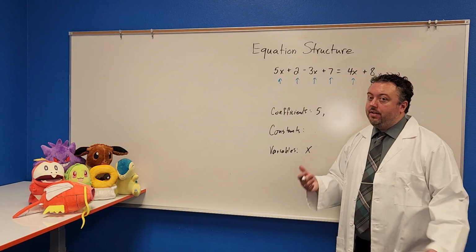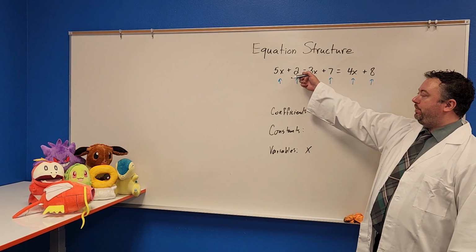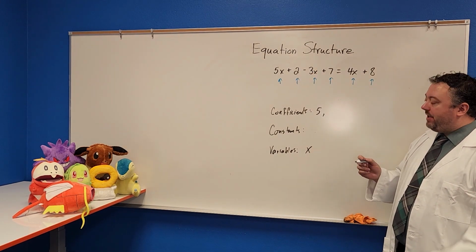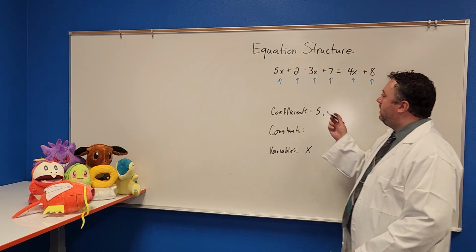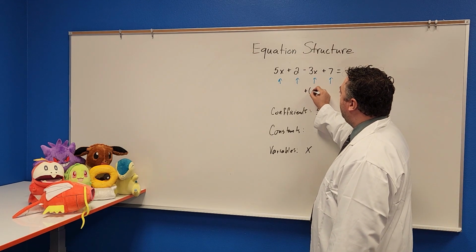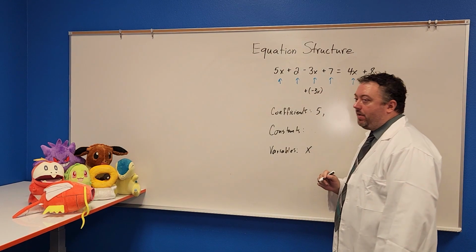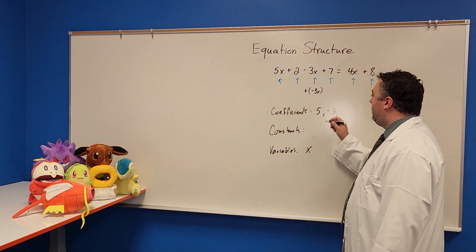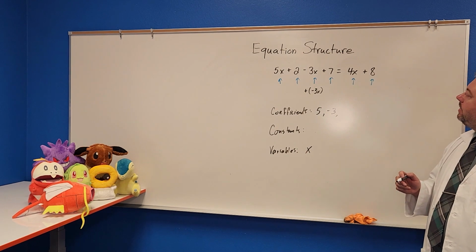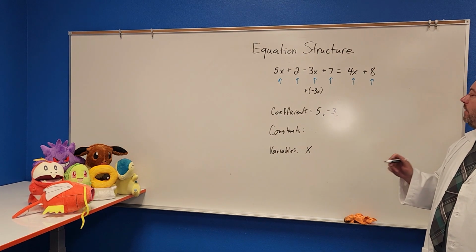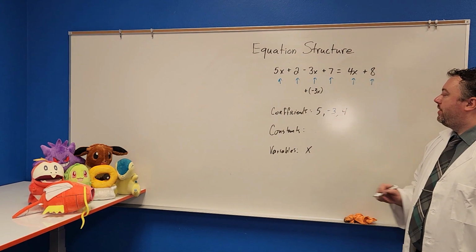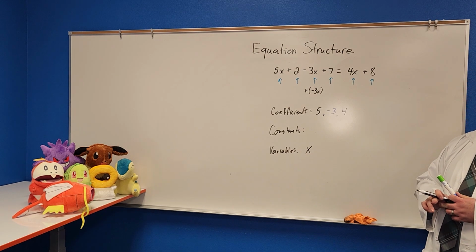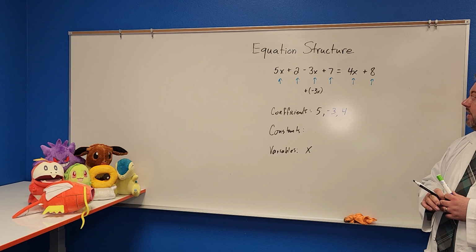Just like we saw in the last example, this is minus 3x, but we need to think about it as plus negative 3x, so that the coefficient is actually negative 3. And finally, we have our 4x term, which is a coefficient of 4. So there were actually 3 coefficients in this equation.